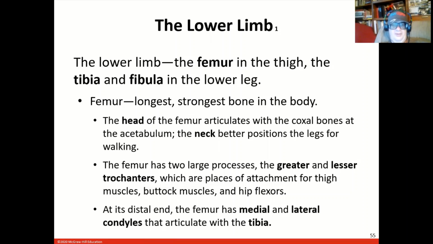And the femur has two big processes on it, the greater and lesser trochanters, which are where we attach the butt muscles, the hip flexors. The distal end has medial and lateral condyles that articulate with the tibia. Wide head of tibia, a very narrow, tiny fibula.